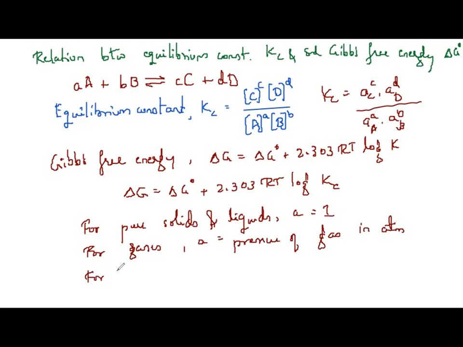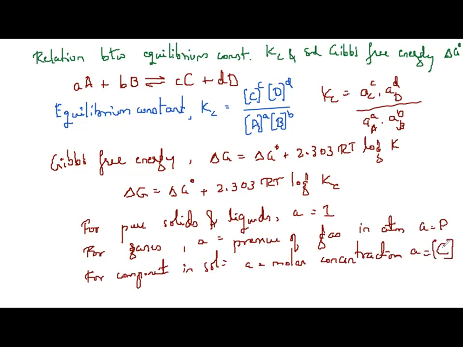And for components in solution, a is nothing but molar concentration. So when we have solids, we represent a as 1; we do not take it into consideration. For gases, a becomes P, pressure. And for components in solution, a becomes C, molar concentration. So this is the relation between equilibrium constant Kc and Gibbs free energy.